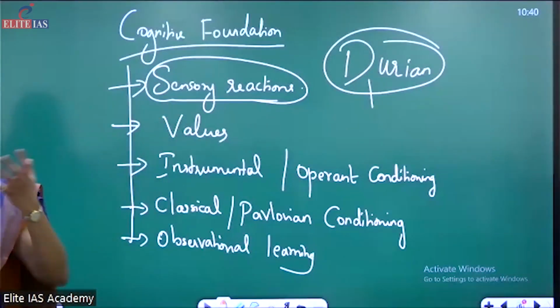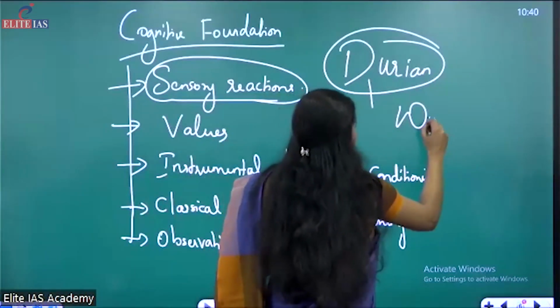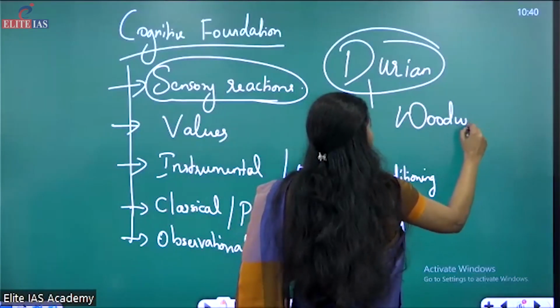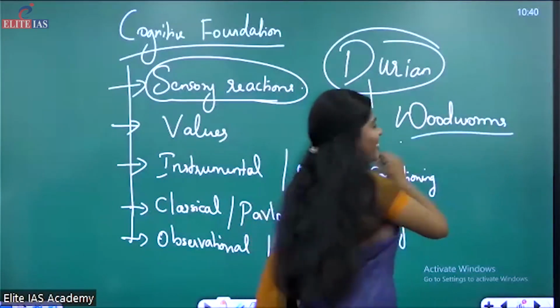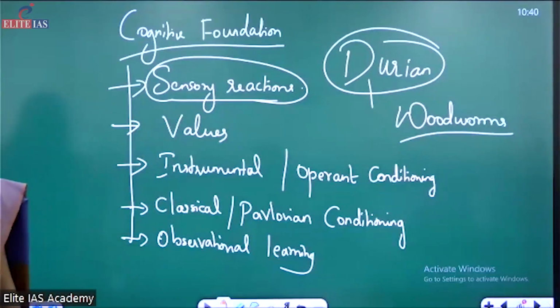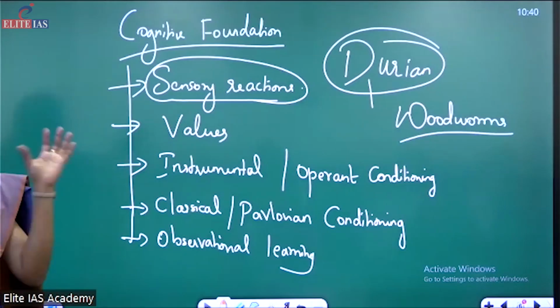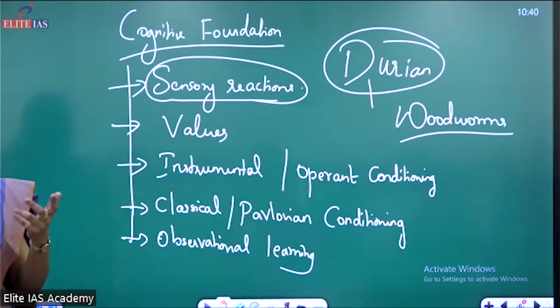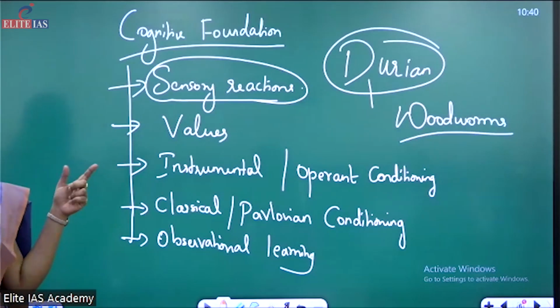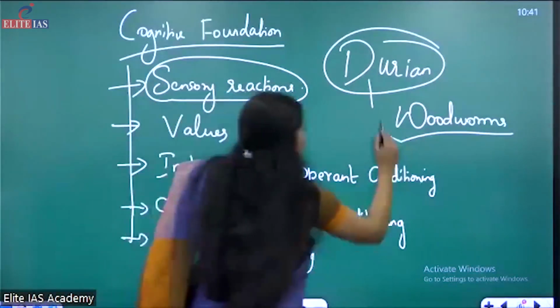Same way, you see woodworms. Have you seen woodworms? Is it beautiful? For us, woodworms look very ugly. We form a negative attitude the moment we see them. And if we hear that some people eat them, we feel like vomiting. But for them, it is a delicacy.